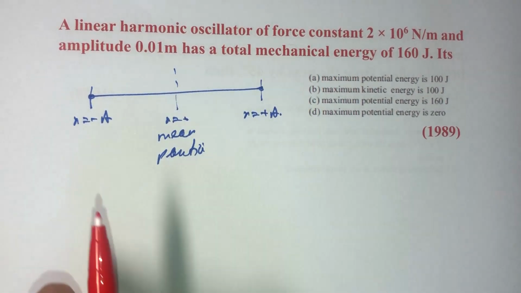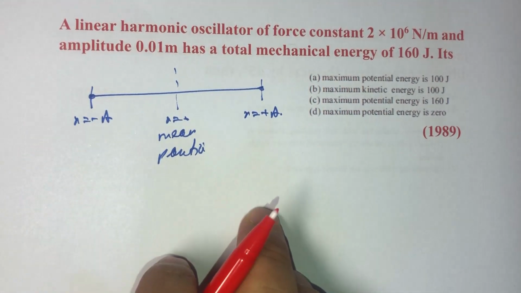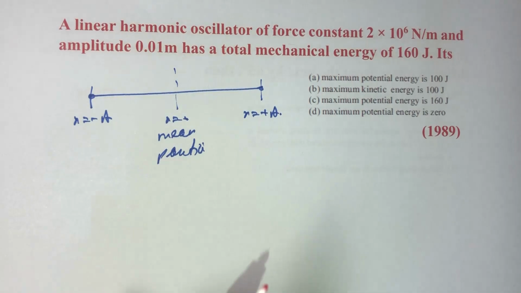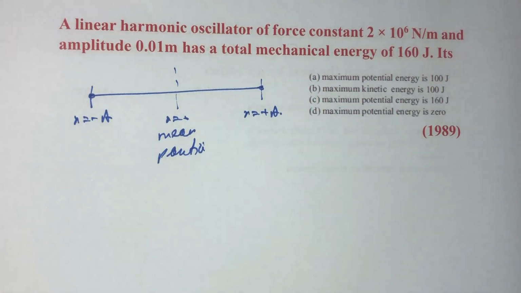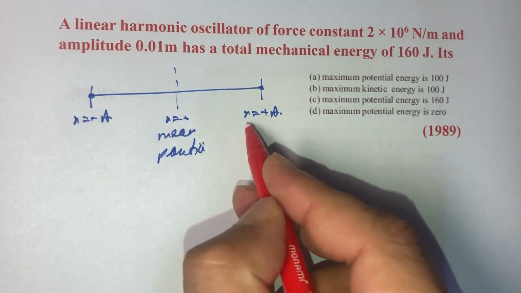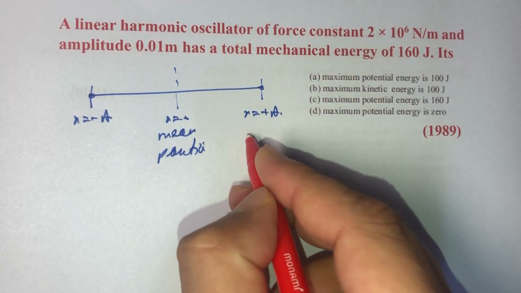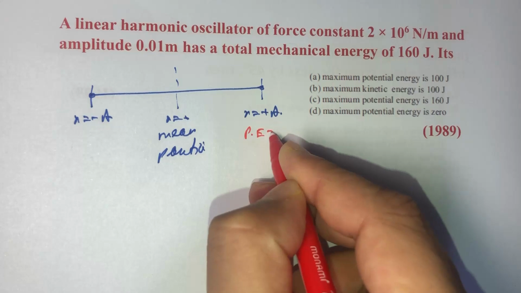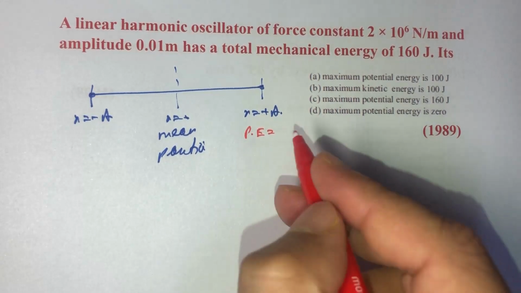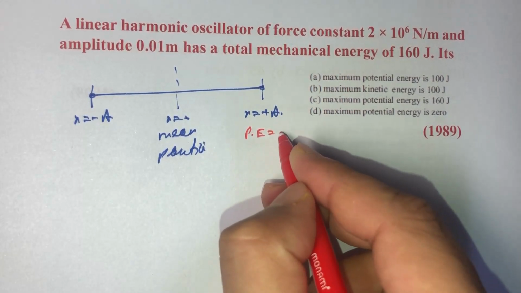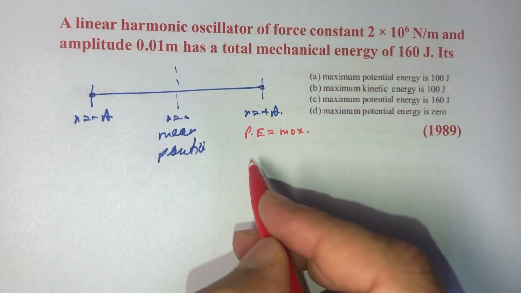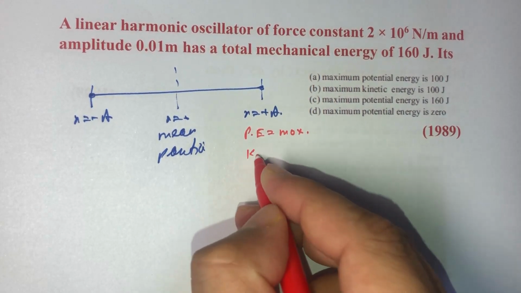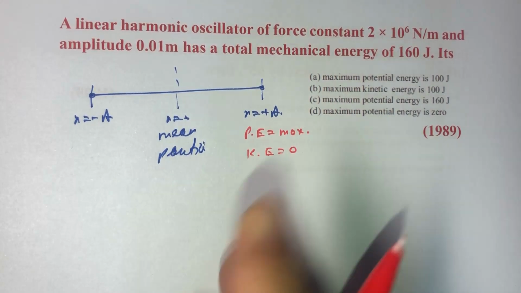From this schematic, we can say that at the extreme position the entire energy will be potential energy, or we can say potential energy will be maximum, and at this point the kinetic energy is equal to 0.